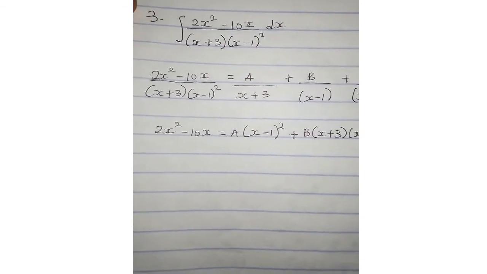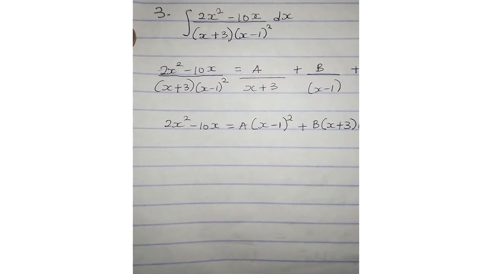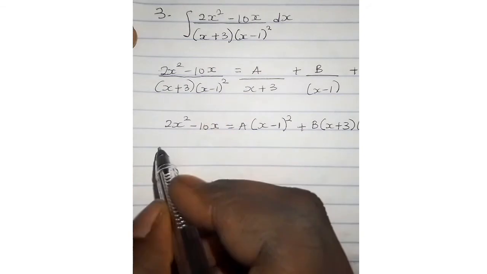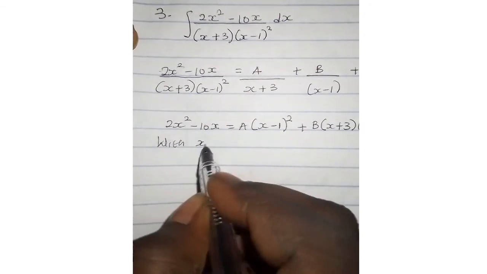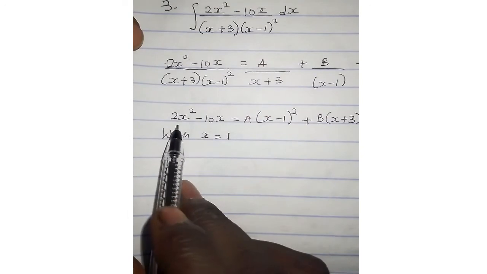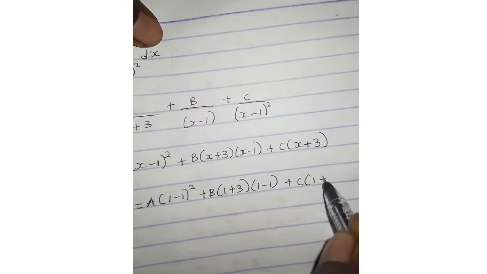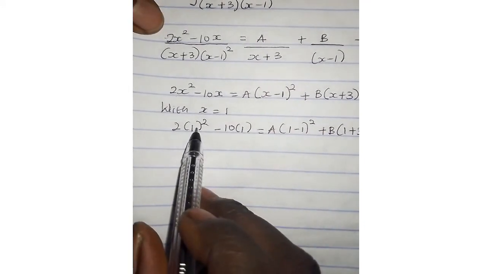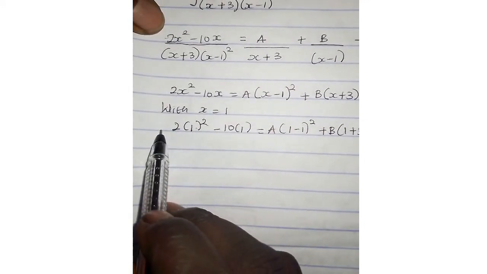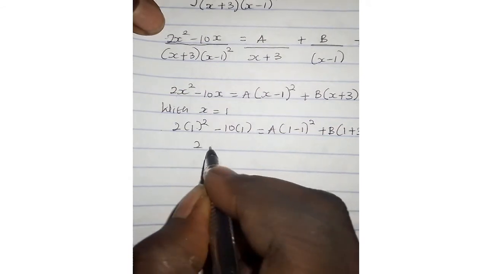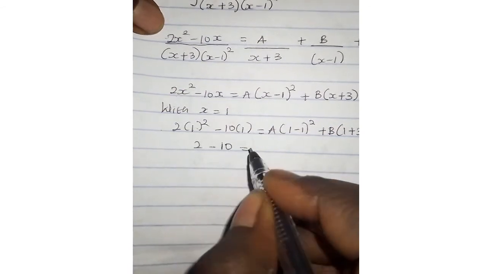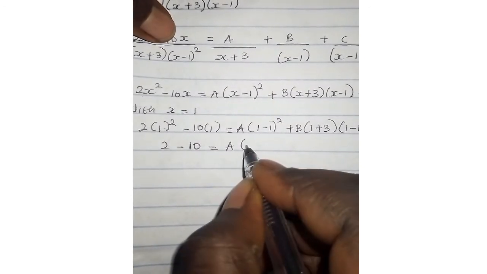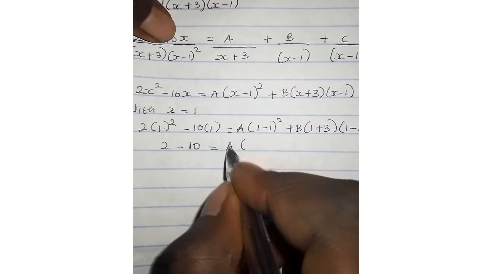Okay, so now when x is equal to 1, which is to say when we equate this to 0, our x will be equal to 1. So with x equal to 1, wherever we see x, we put 1. So we're going to have 1 times 1 is 1, 1 multiply 2, we're going to have 2 minus 10, which is equal to a times (1 minus 1 is 0, so 0 squared is 0), so automatically 0.